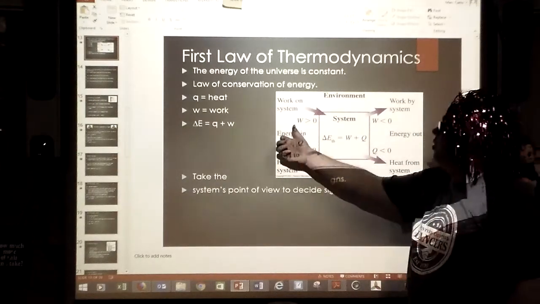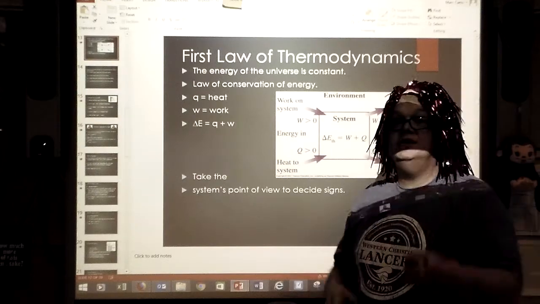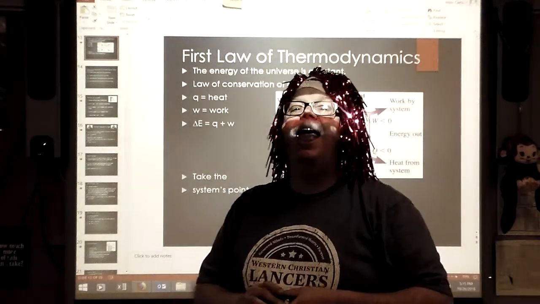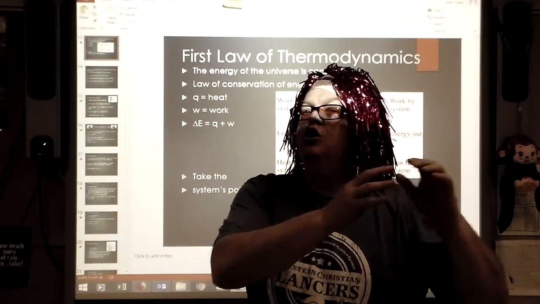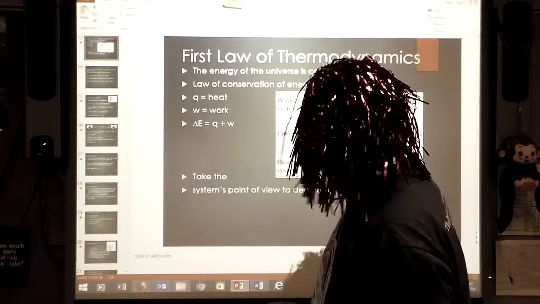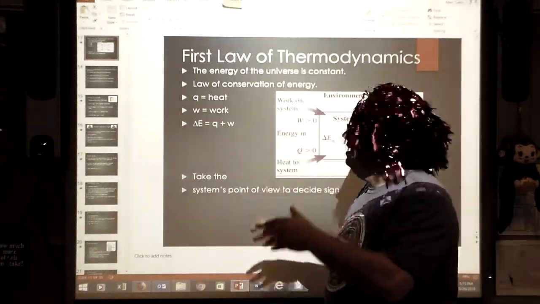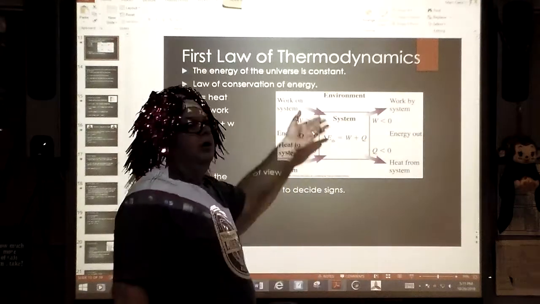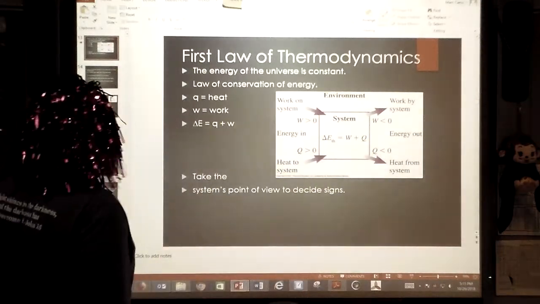Just like energy going in is positive, energy going out is negative, just like we said about endothermic and exothermic. Remember, if the system's putting energy out, that's negative, and that's the same thing with the work and the heat. They're going to be negative. If the energy is going into the system, then the work and the heat are both going to be positive. Okay?